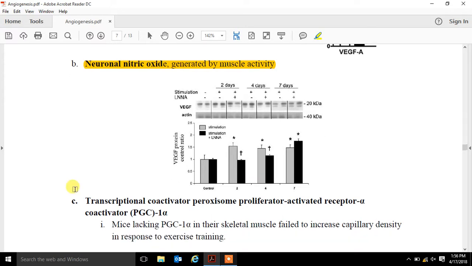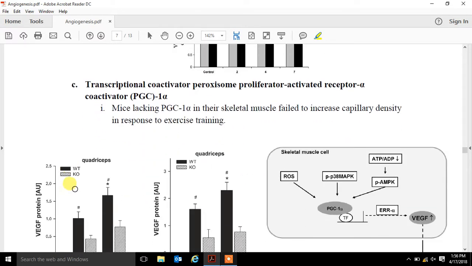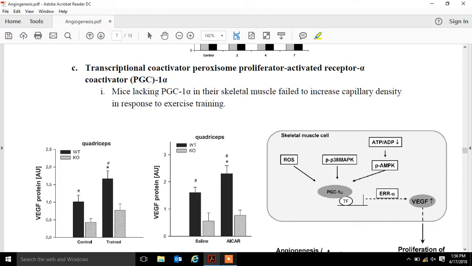The third, which you're already writing down, is the transcriptional coactivator peroxisome proliferator-activated receptor gamma coactivator 1 alpha, PGC1 alpha. Hopefully you remember that PGC1 alpha in skeletal muscle is upregulated with endurance-type activity, and it's exercise intensity independent.